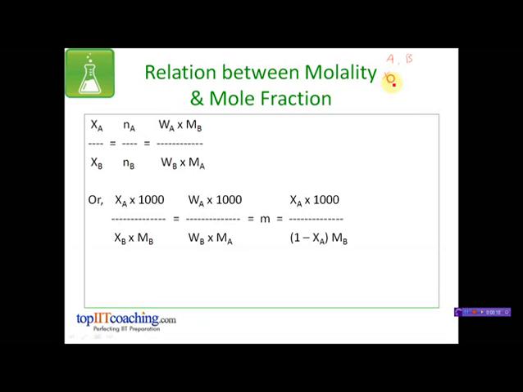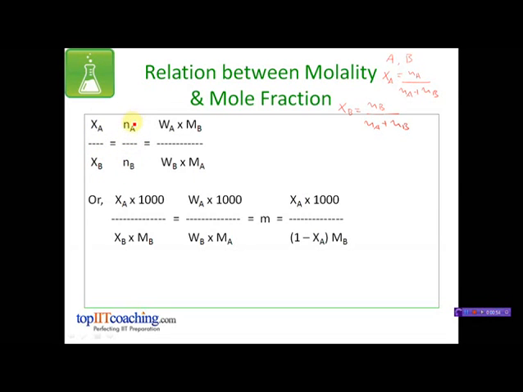So the mole fraction of A, which will be denoted by XA, will be equal to Na divided by Na plus Nb, where Na is the number of moles of A and Nb is the number of moles of B. Similarly, XB, that is the mole fraction of B, can be written as Nb divided by Na plus Nb. Now, when we divide XA by XB, Na plus Nb will be cancelled out as the common quantity, and we'll get XA divided by XB is equal to Na divided by Nb.